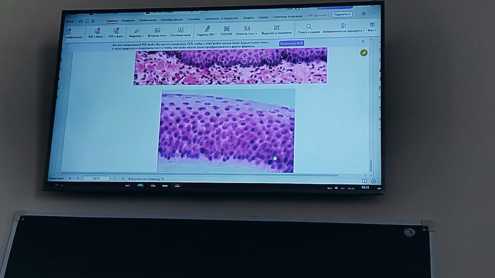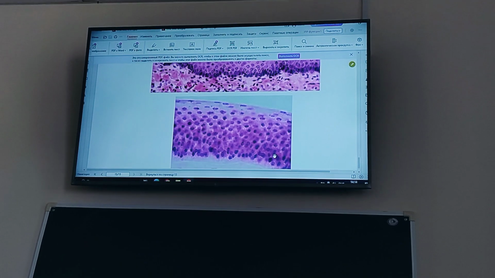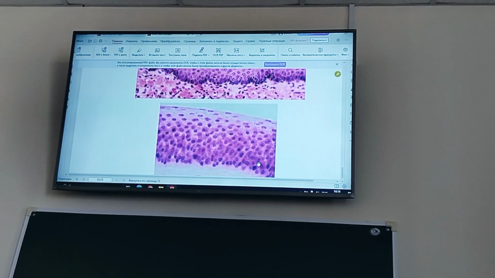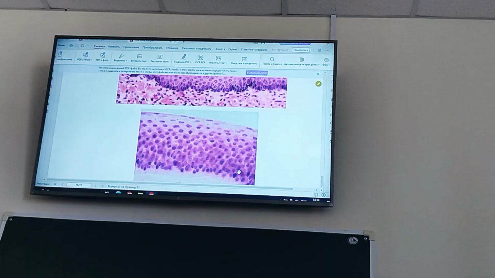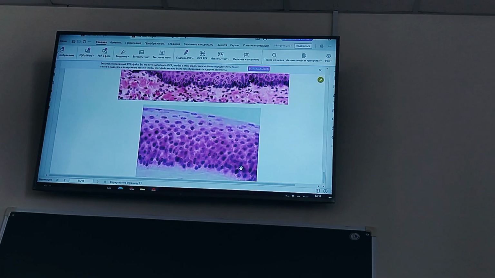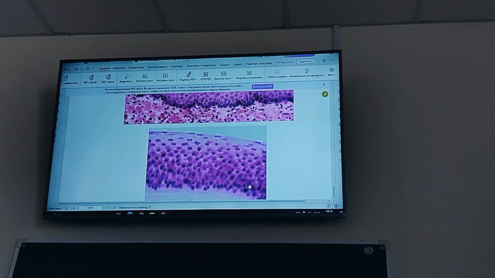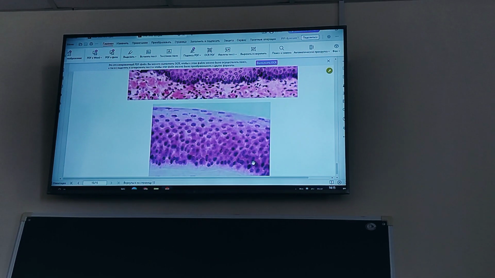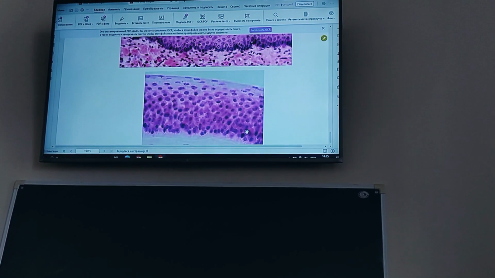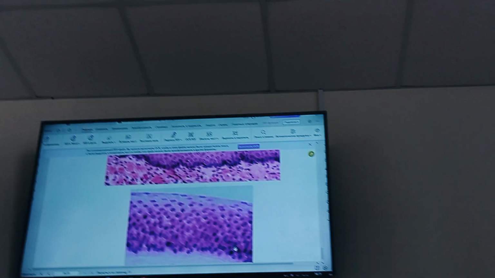If you remember the three layers, basal, spinous, and squamous superficial cells, it is perfect. Your explanation is that I can classify this epithelium as squamous non-keratinized due to the shape of superficial cells.